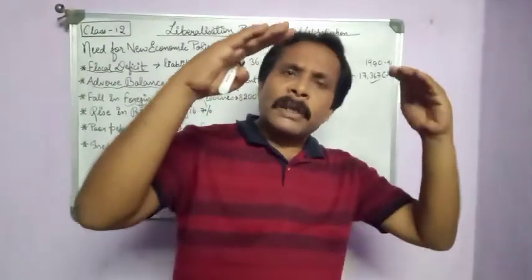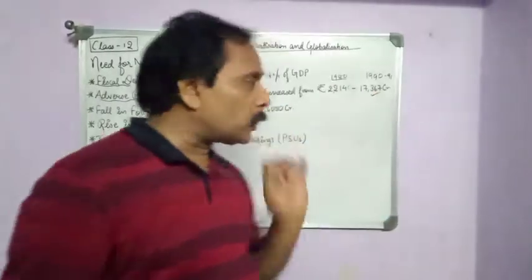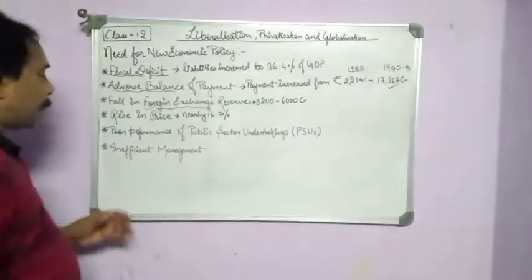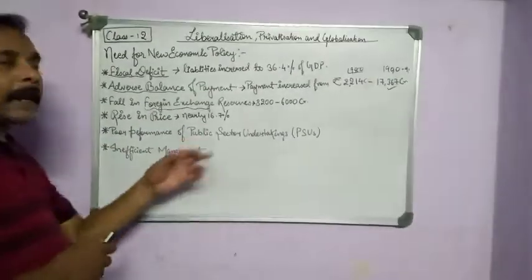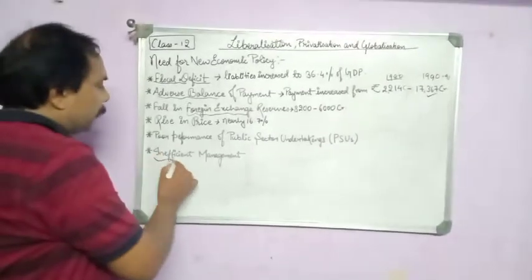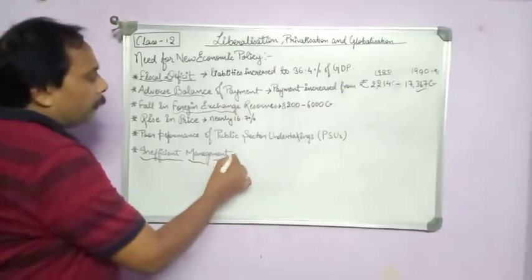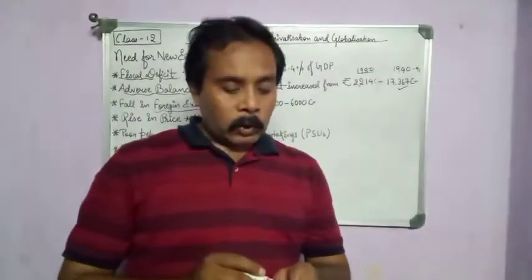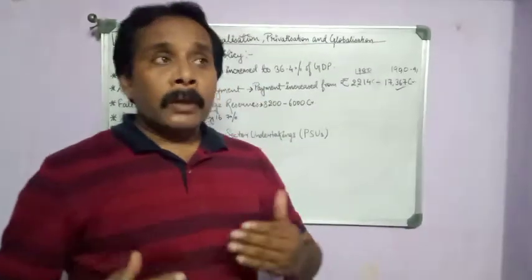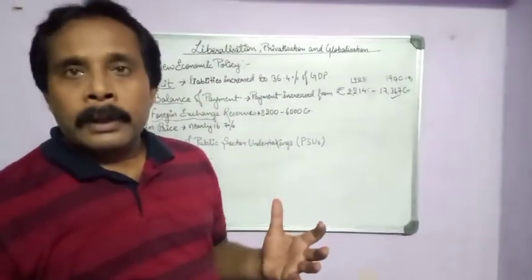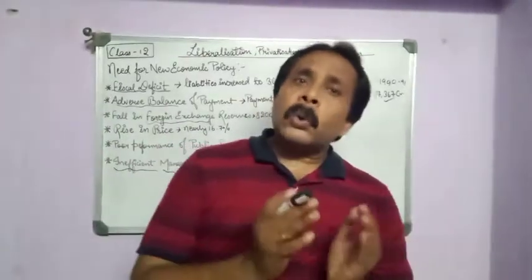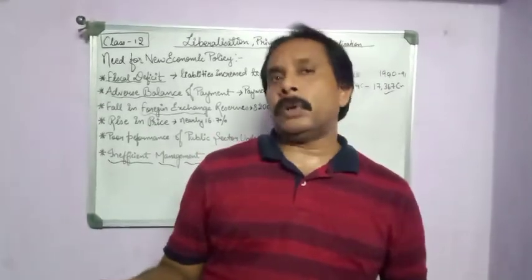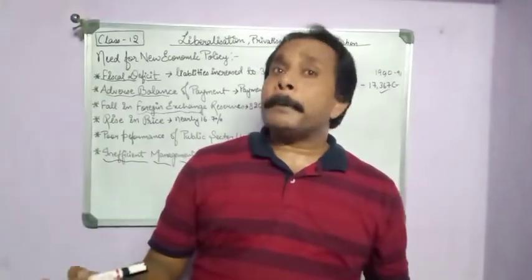So administration was continuously declining, and due to that the performance of the PSUs started to decline. As I told you, bureaucracy had increased, which indicates inefficient management. Inefficient management means the government was not capable of managing the growing bureaucrats, or the rules and regulations implemented were not effective to control it. Wrong policies were prepared.